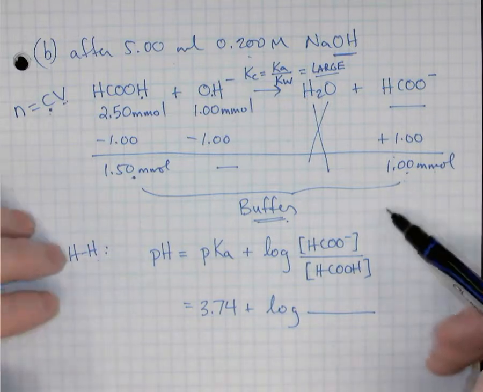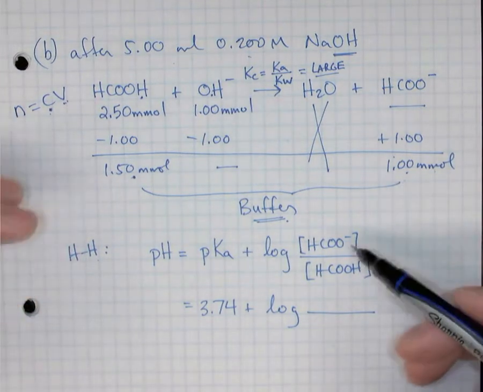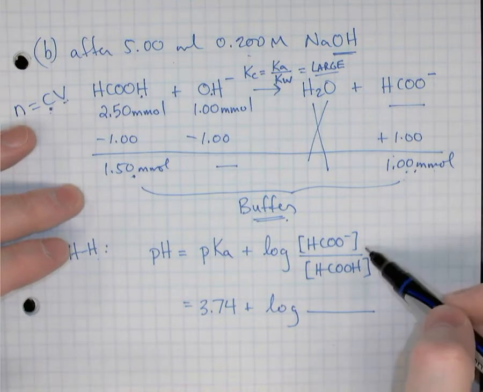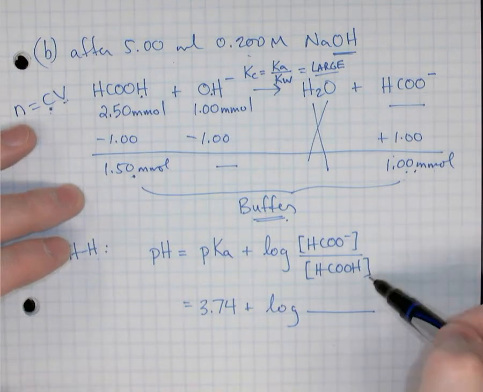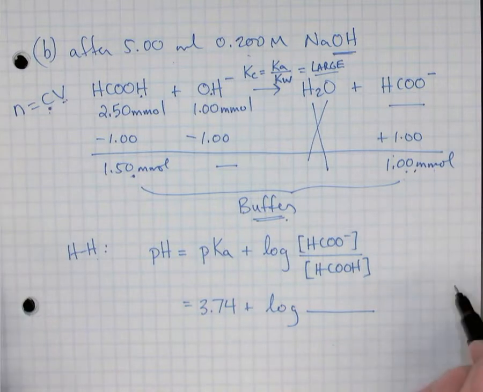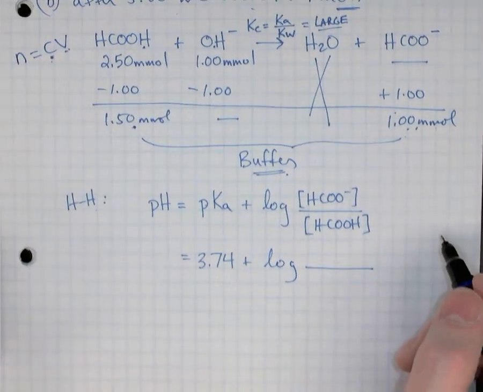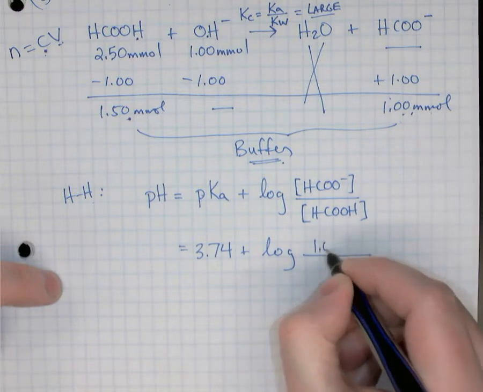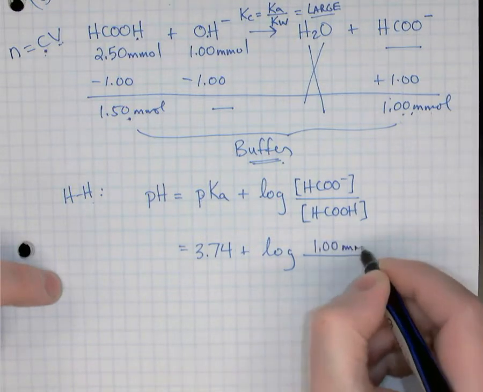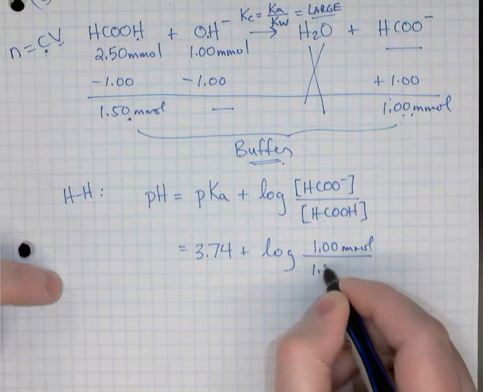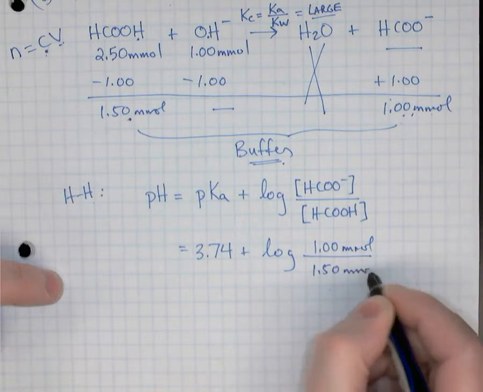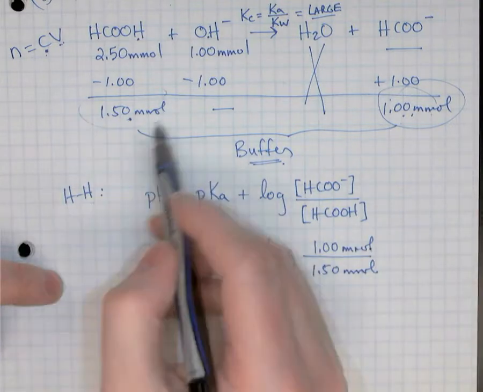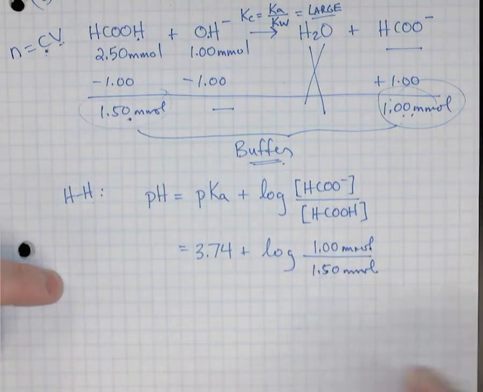But because the volumes are the same, we can actually omit that step. The ratio of millimoles will be the same as the ratio of concentrations if the volumes are the same. Okay? Prove that to yourself mathematically if you have to. So I can just take 1 millimole and put in 1.5 millimoles here. So 1 millimole of the base, 1.5 millimoles of the acid.